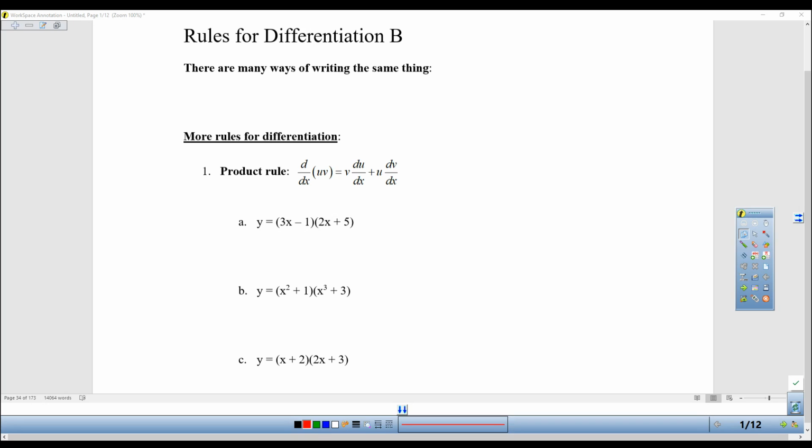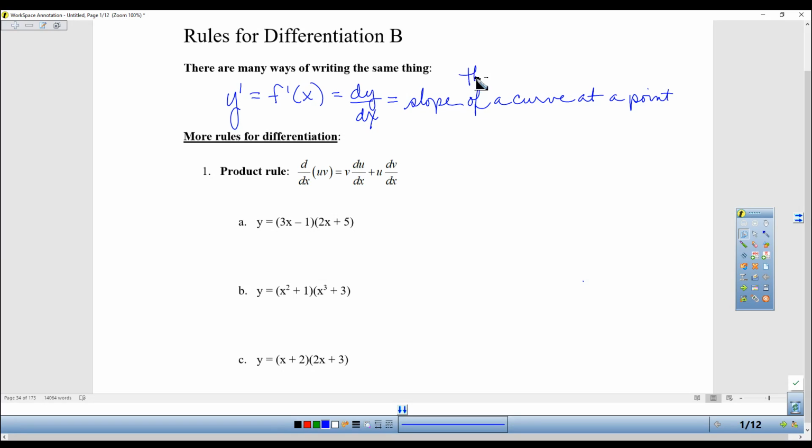So we're going to start off the same way as last time. I just want to remind you that there are several ways of writing the same thing. So y prime means derivative, f prime of x means derivative, dy dx means derivative, and all these things mean the slope of a curve at a point.